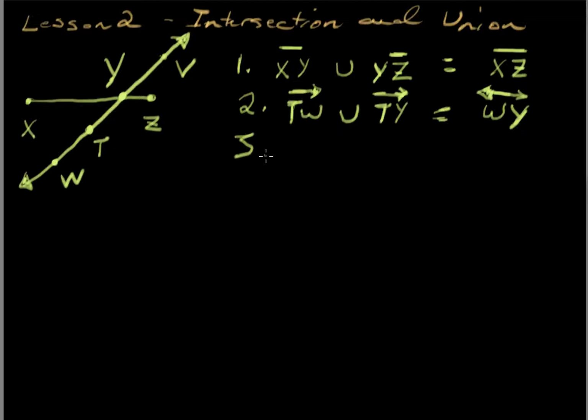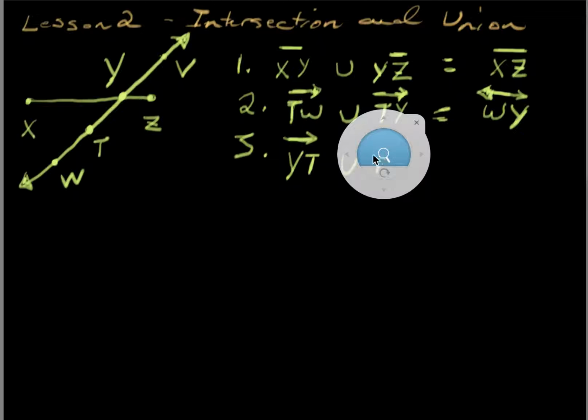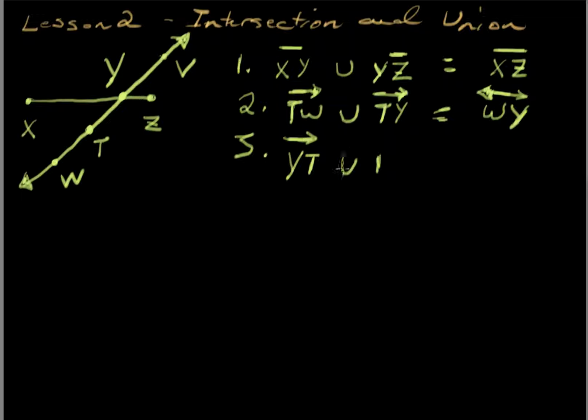For example 3, we've got ray YT union with ray TW. Now this is an interesting case because you're not really doing anything.